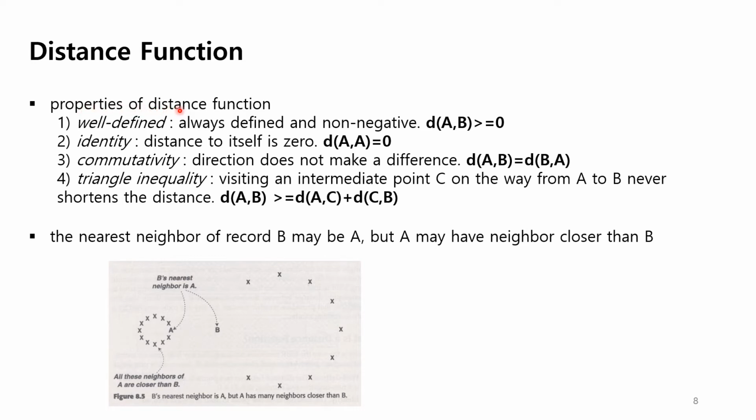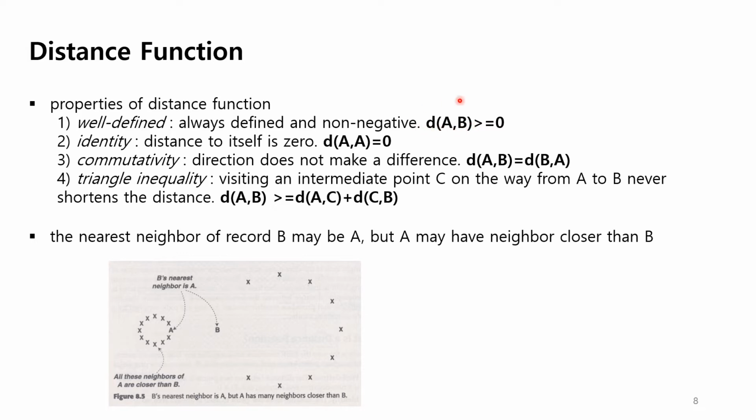The distance function we're going to use in instance-based learning has some properties, such as well-defined, identity, commutativity, and triangle inequality. Well-defined means the distance between data A and B should be non-negative.